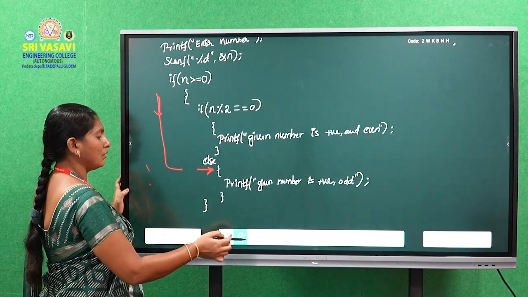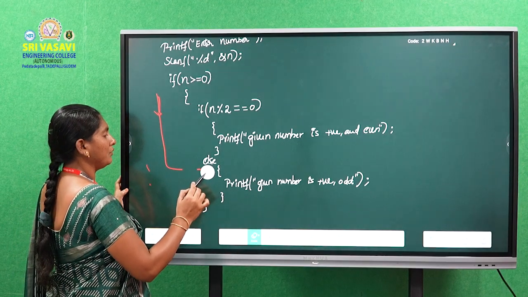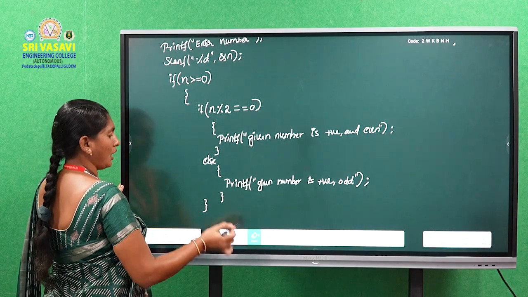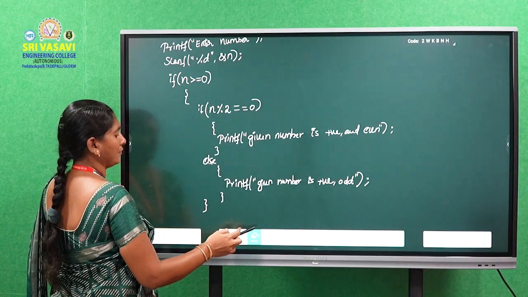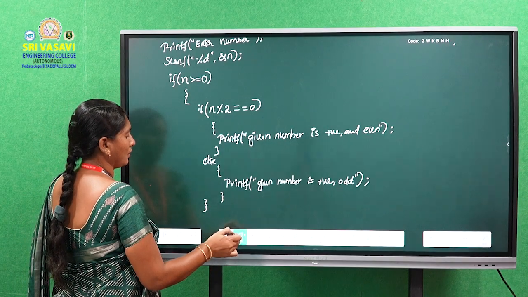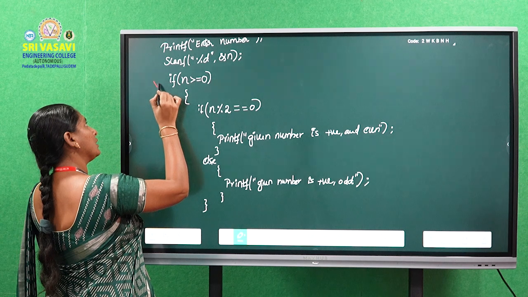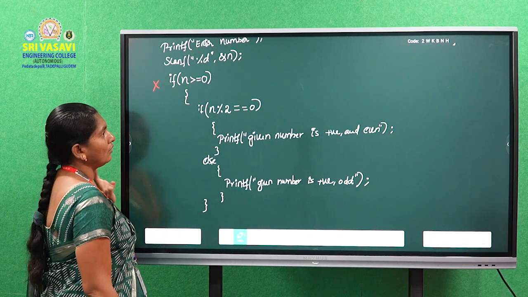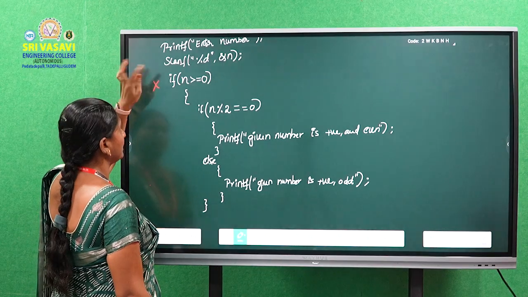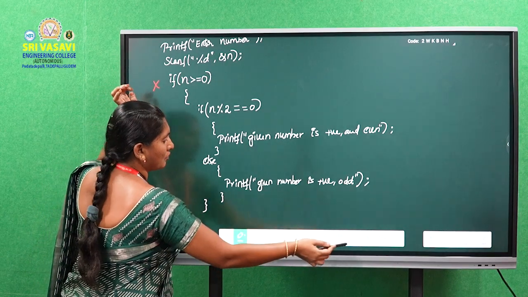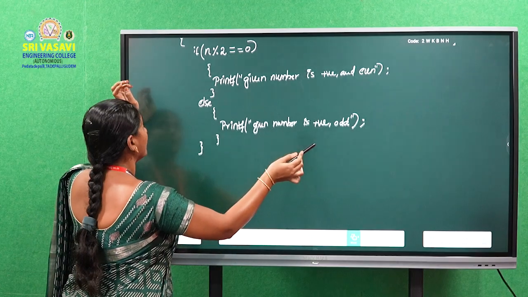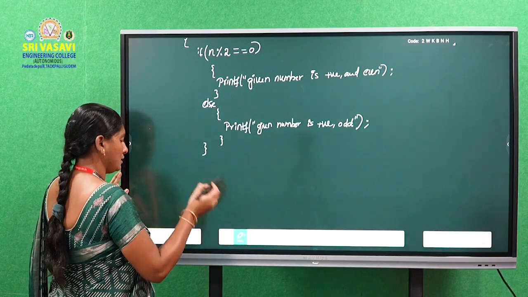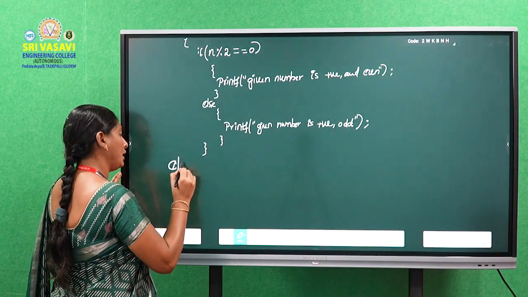So what about if the condition which is at the starting was failed? If this condition fails, what does it mean? The number is not a positive number. That means the given number is a negative number.